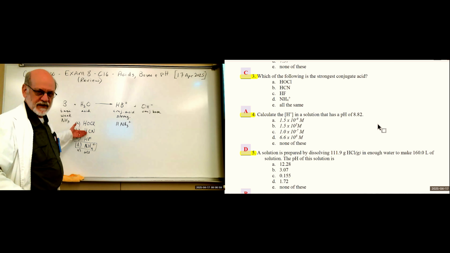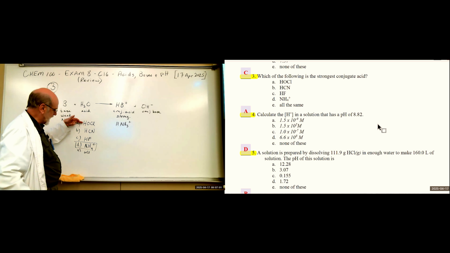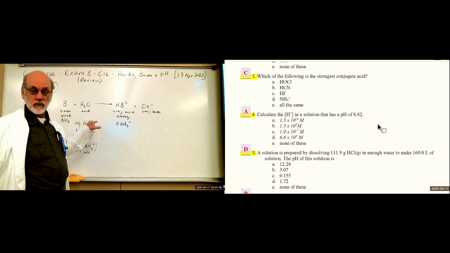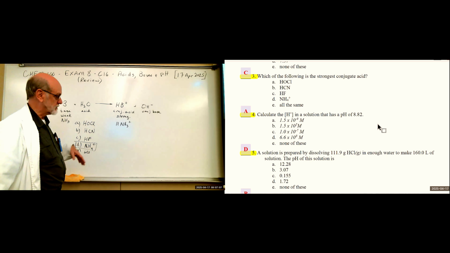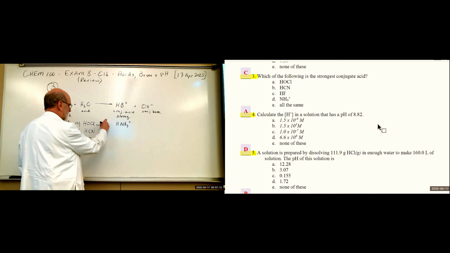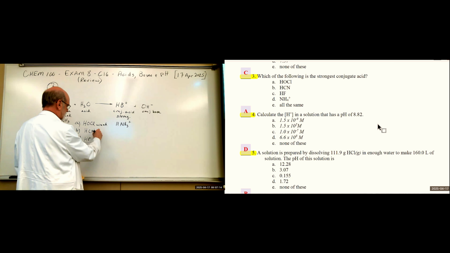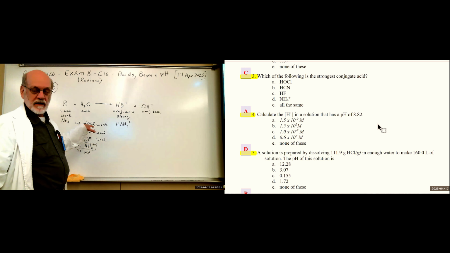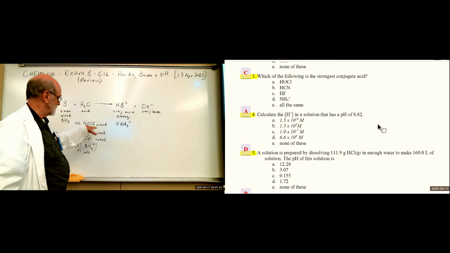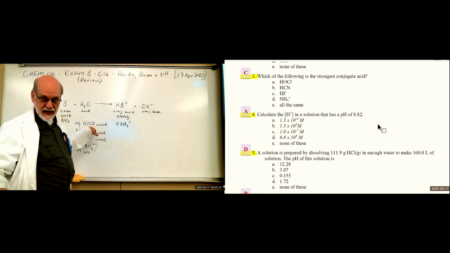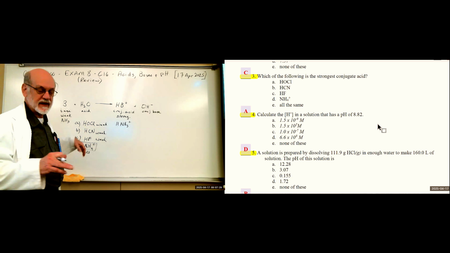All right, what about these guys right here? That's an acid, acid, acid. Well, we know these to be weak acids. These are all weak acids. We're looking for a strong acid. Now, these would only be conjugate acids if we consider the base.